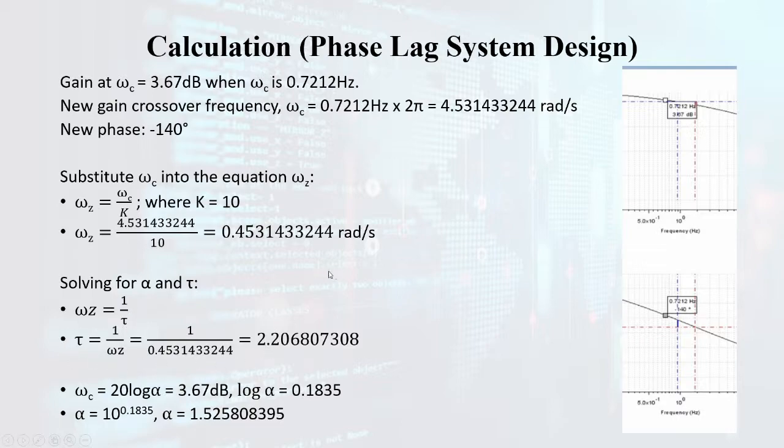So substituting the value of omega z, you will get 2.206807308. To find alpha, we have to substitute the value of omega c equals 20 log alpha, and for alpha you will get 1.525808395.